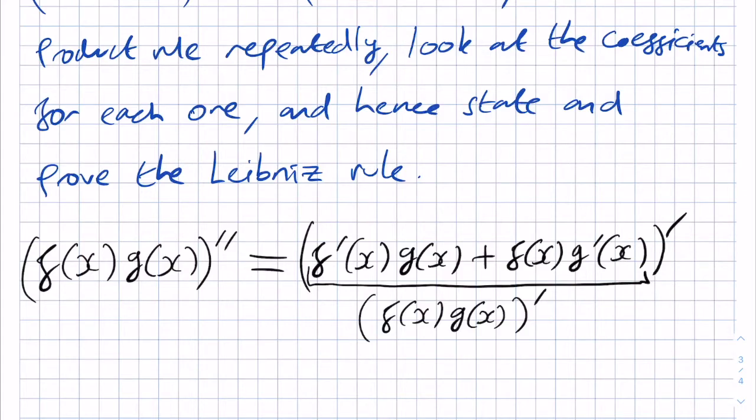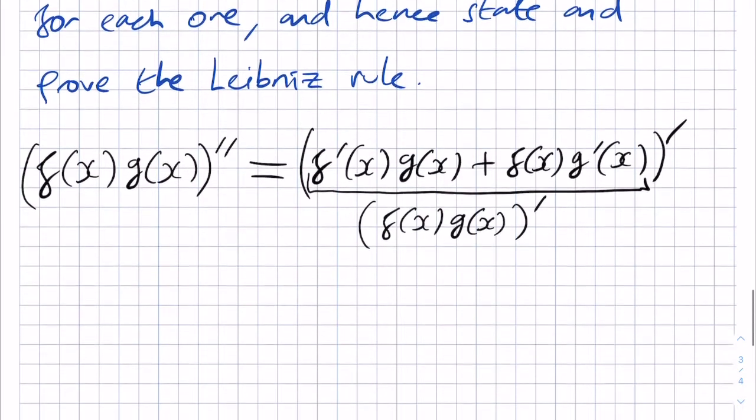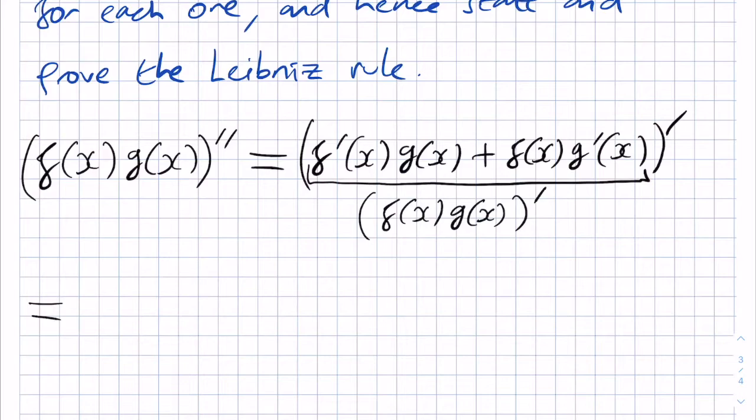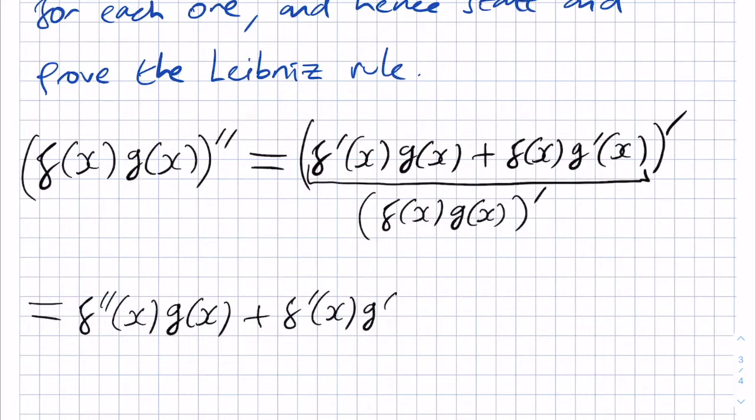And then if we apply the product rule again, then we will have f double prime of x times g of x from differentiating the f prime and leaving the g undifferentiated. And then we have f prime of x times g prime of x by leaving f prime as it is and differentiating g.